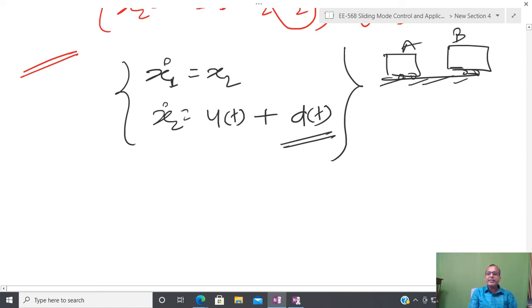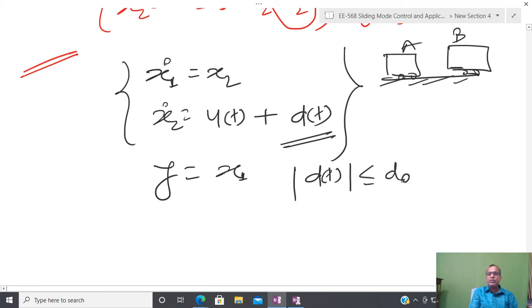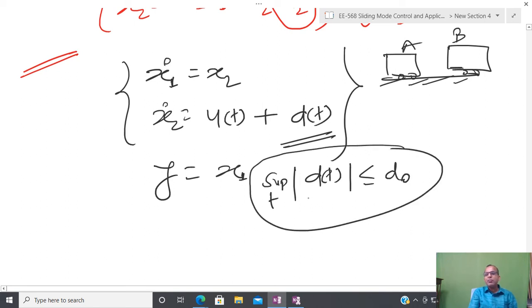Now try to design the observer again, and my problem statement is this: I have information of x1, and we see what happens if you design a Luenberger observer in case of this uncertainty. Again I am assuming that this uncertainty is bounded, less than or equal to d0, so the maximum value of this uncertainty for all t is less than d0.